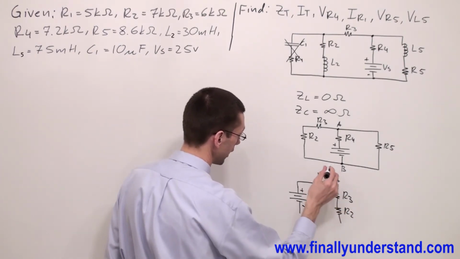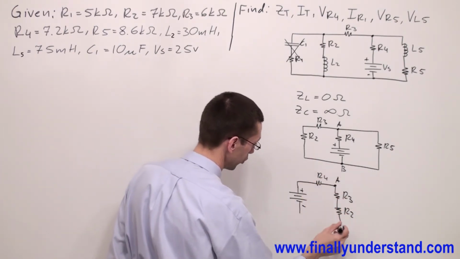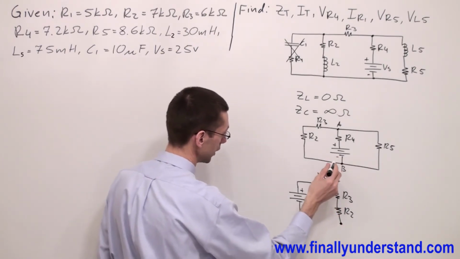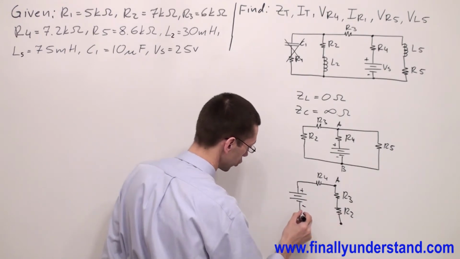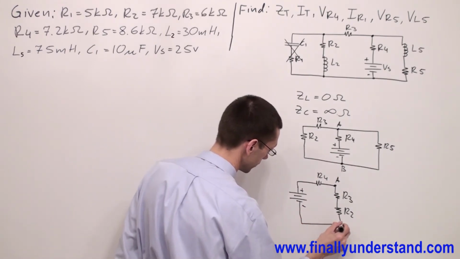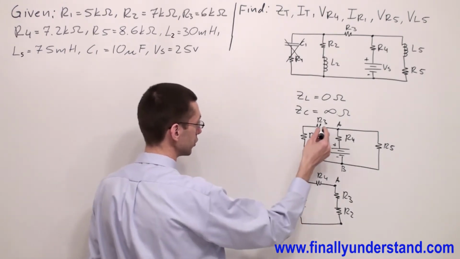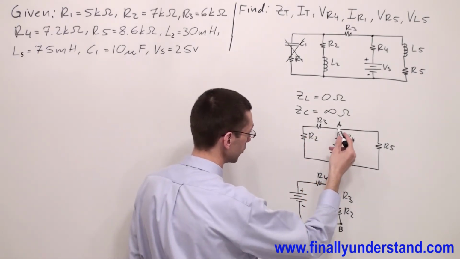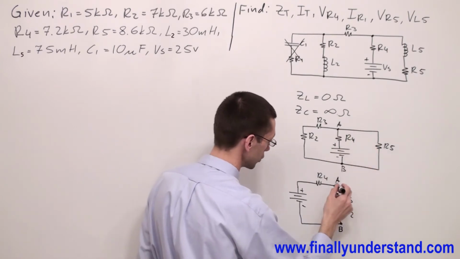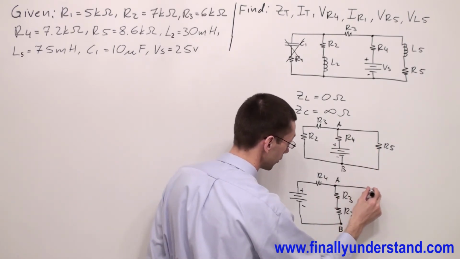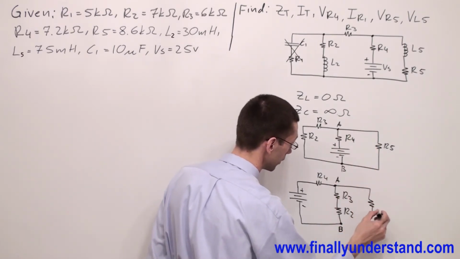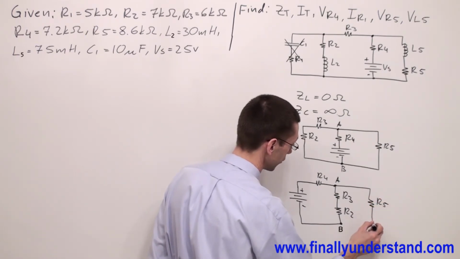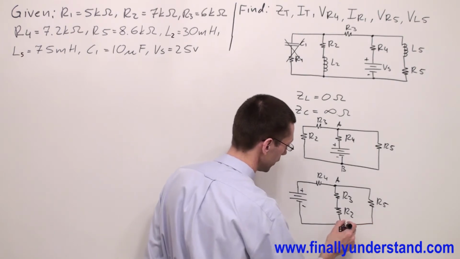And R2 is connected to point B. So this is my point B. And also the negative terminal of my voltage source is connected to point B. Okay, so I'm finished with this branch. Next, please notice that point A is connected to resistor R5, right? And the other terminal of R5 is connected to point B.